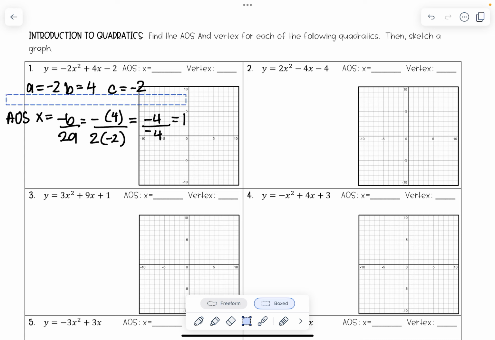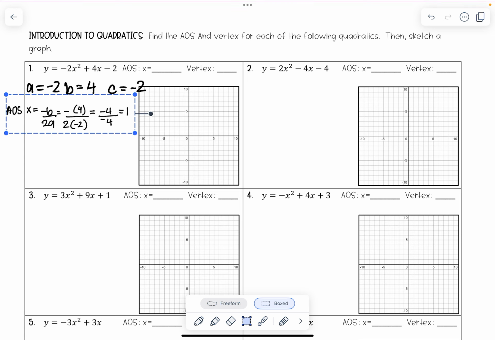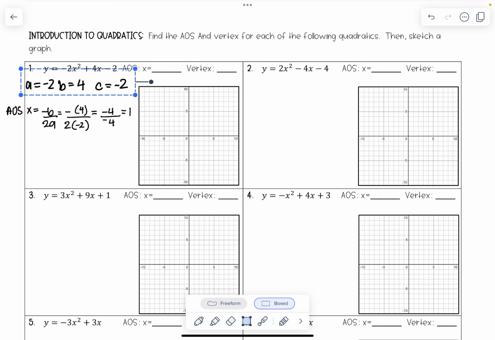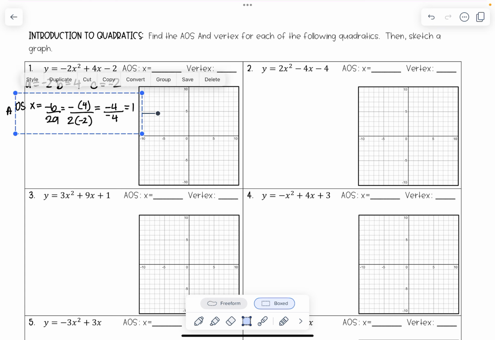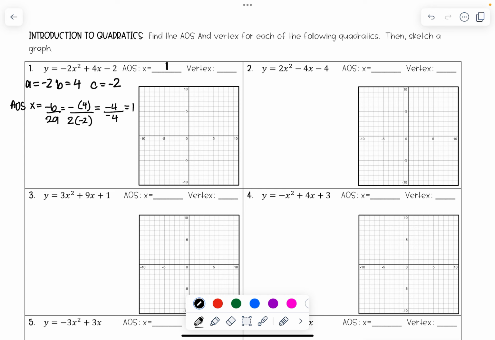Okay, so I automatically know that my axis of symmetry is here at x is equal to 1. So I'm going to draw a dashed line at x equals 1.